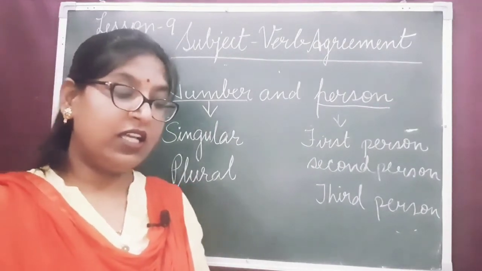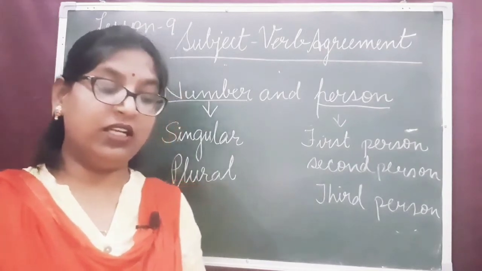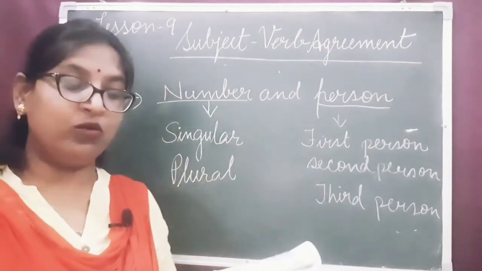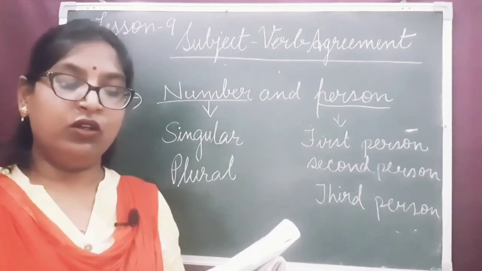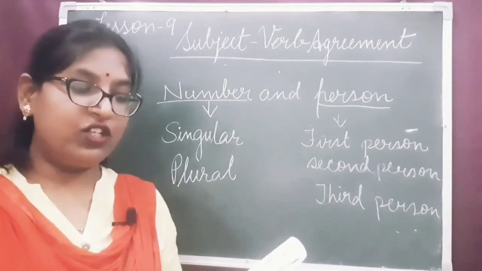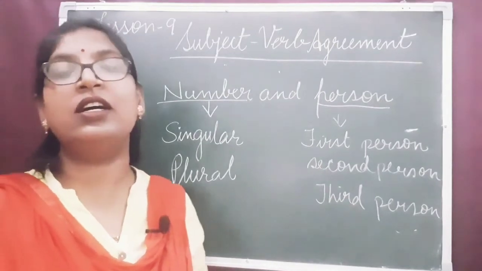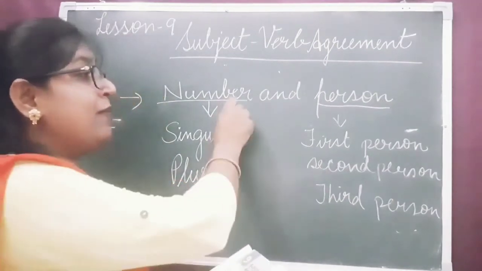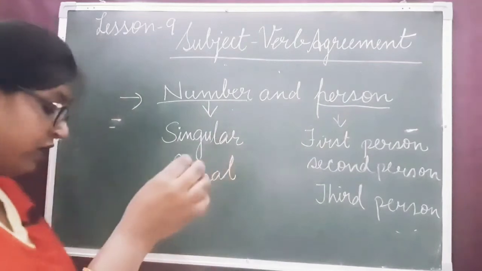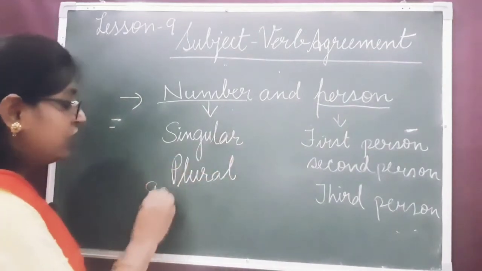The second one is that the number, person and gender of a noun also play an important role in the selection of personal pronouns in the sentence. Number, person, and one more thing we studied, the gender.